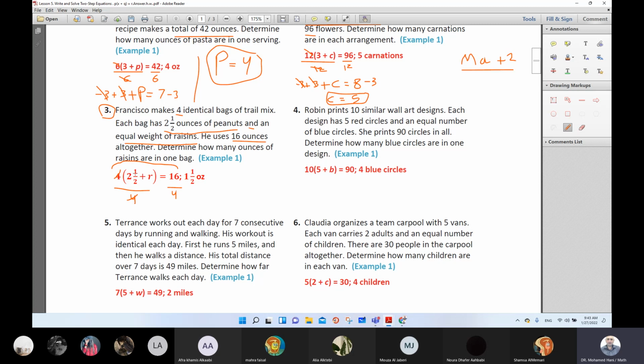Remains, we can change here directly to a fraction: 2 times 2 is 4, plus 1, 5, over 2, plus r, equals, on the second side, 16 divided by 4, which is 4. Then we want to remove 5/2 from this side, so we can subtract 5/2 from the two sides.